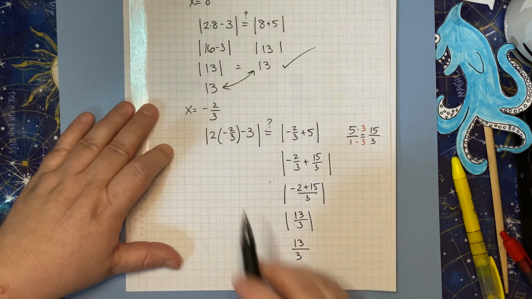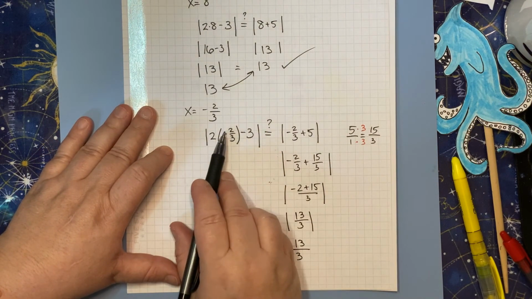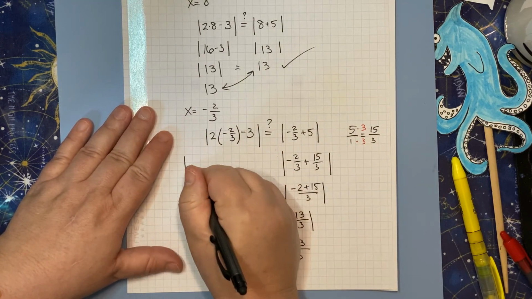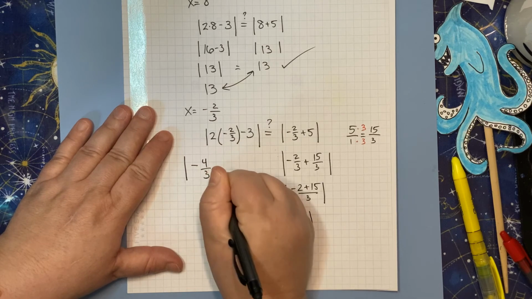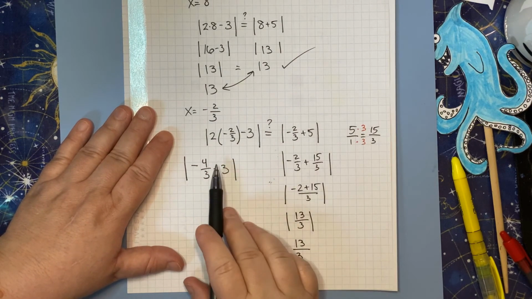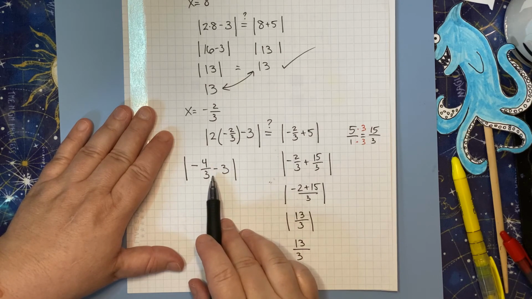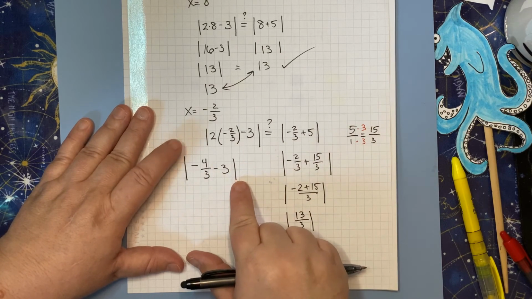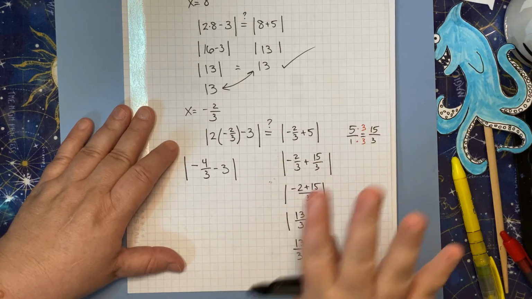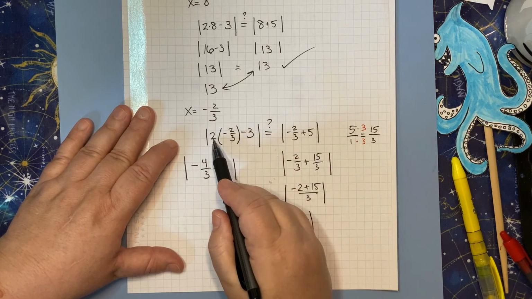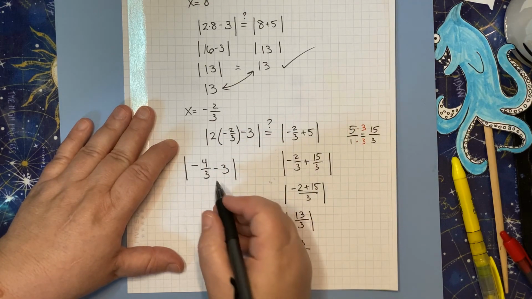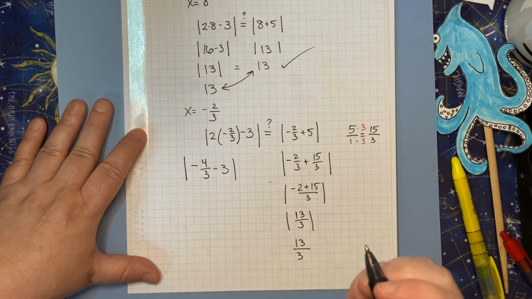So let's see. First I've got 2 times negative 2/3. So that's going to be negative 4/3 minus 3 in absolute value. Now this is making me nervous because I've got a bunch of negatives, but I'm reminded that this is inside absolute value, which means that it's going to end up positive. So, phew. When you multiply by 2, you multiply top to top, so we get negative 4/3. Over here, I've got 3.